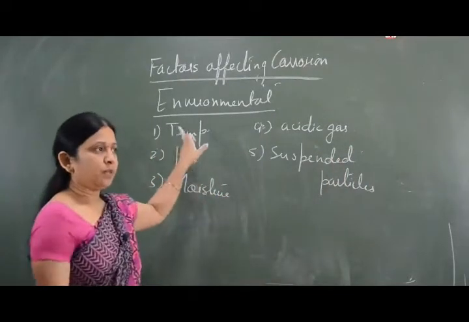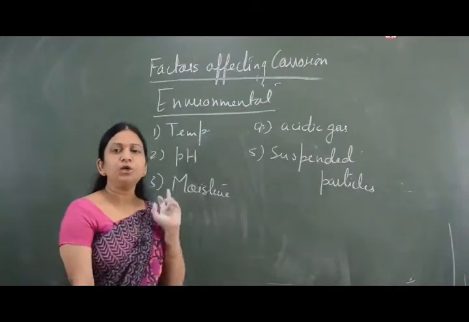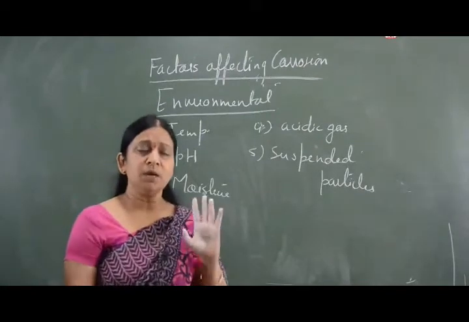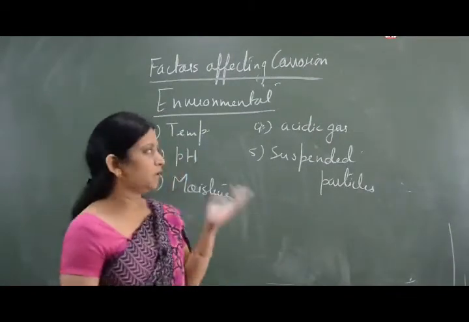So temperature: when we increase the temperature, the rate of diffusion increases, and when the rate of diffusion increases, the rate of corrosion is going to increase.